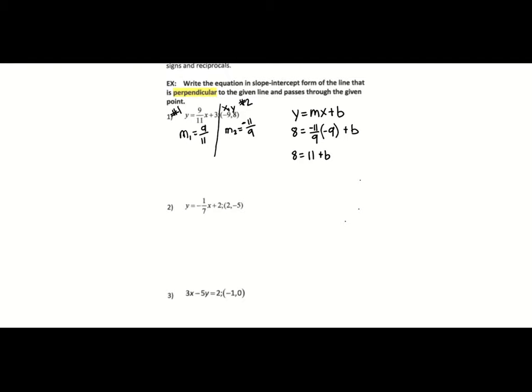To get rid of that positive 11, I'm going to subtract 11 from both sides of my equation. I get negative 3 equals b. So now I have my b, I have my slope, I can write my final equation, y equals mx plus b.